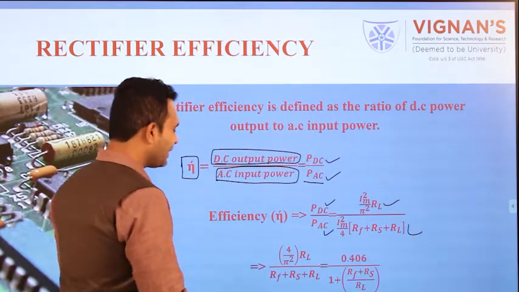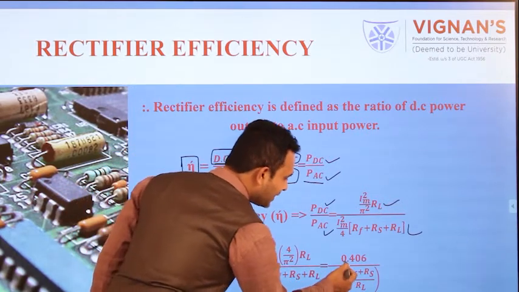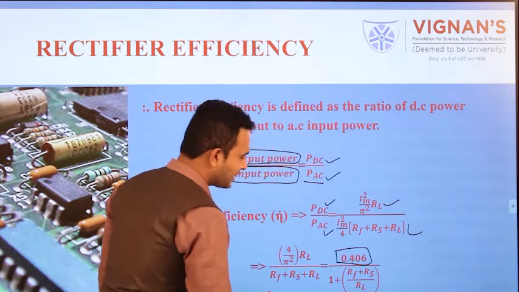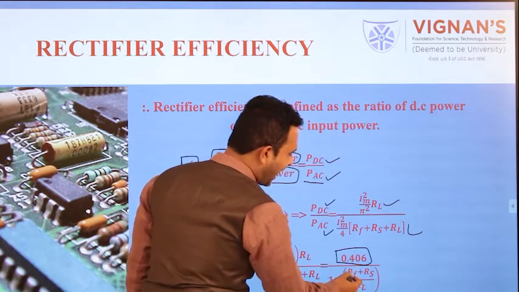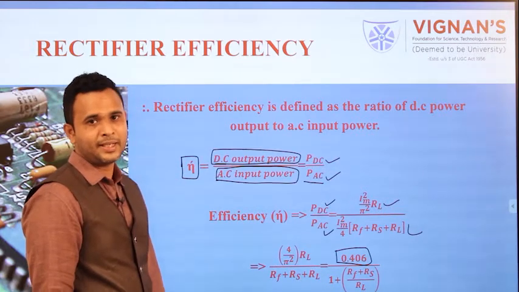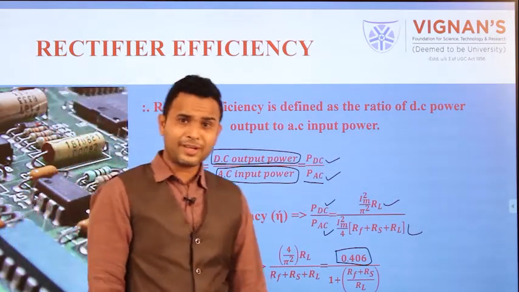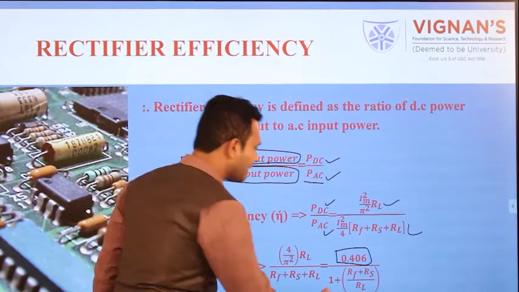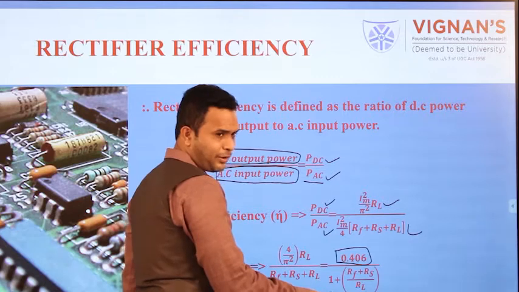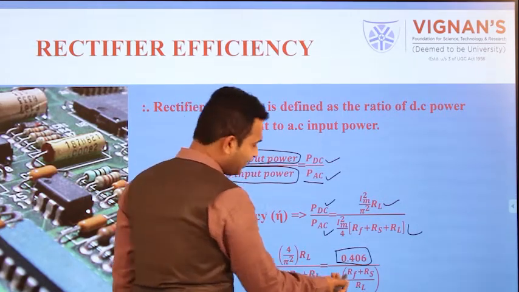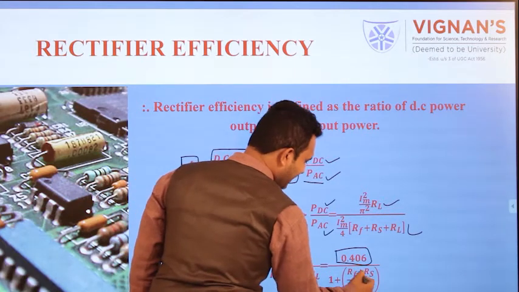Then we are getting the final equation: 0.406 divided by (1 plus (RF plus RS) divided by RL), right? Theoretically, as I already told you, RF is a very low value of resistance, RS also a very low value of resistance, so this term is very small.